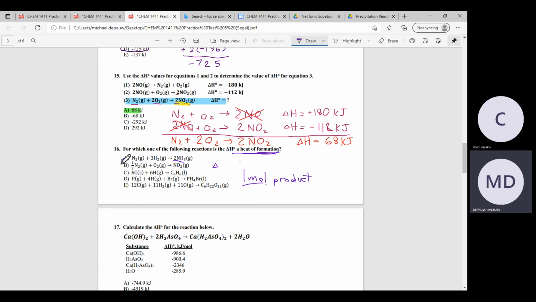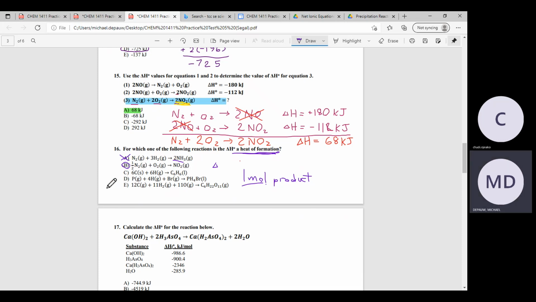Now we have to check the others. They all have to be elements in their standard elemental state. So, N2 gas, is that a standard elemental state? Yes. Oxygen, is that normally a gas? Yes, and it's O2. Okay, so it looks like B could be our answer. Let's take a look at some of the others.